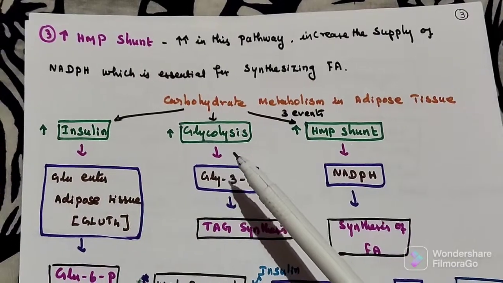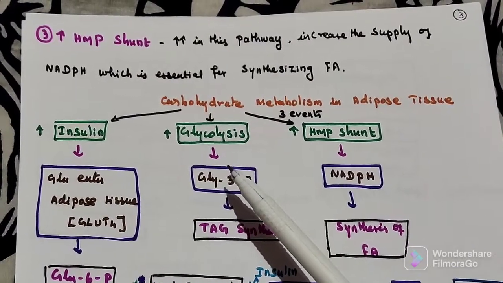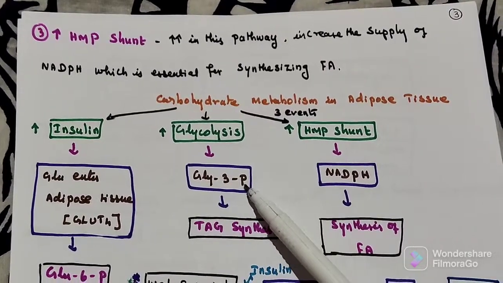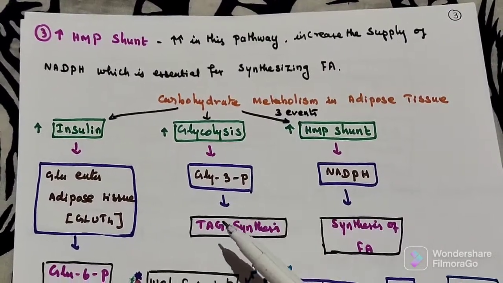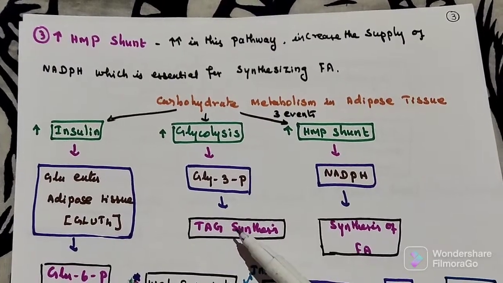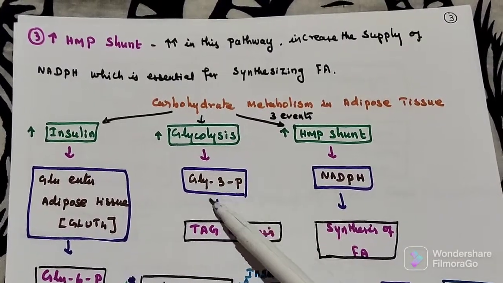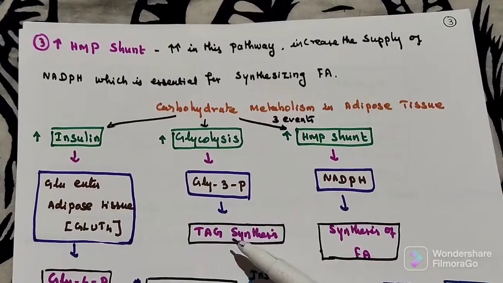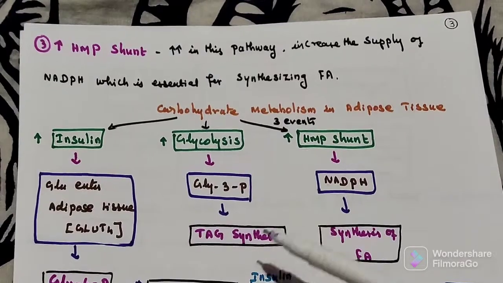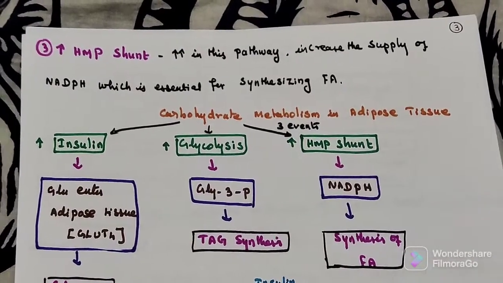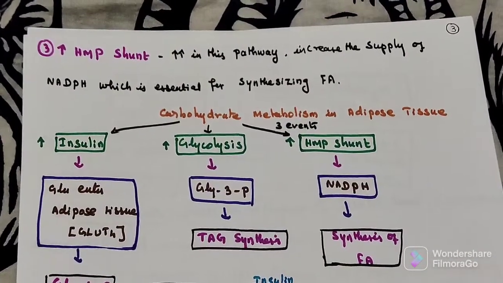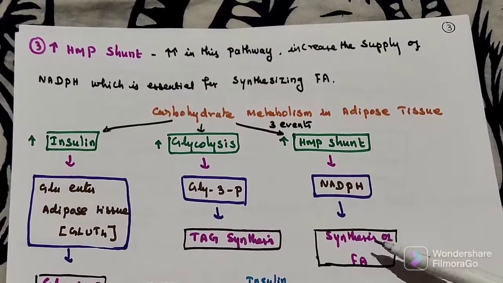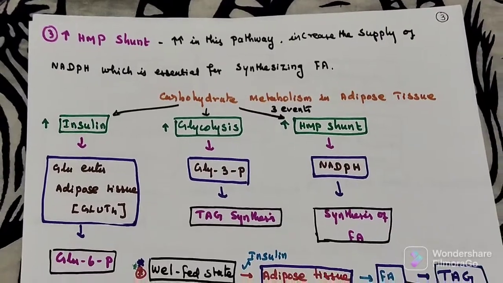In glycolysis, it will be converted into glycerol 3-phosphate, which is essential for triacylglycerol synthesis. Next is the HMP shunt. This increases the supply of NADPH, which is essential for synthesis of fatty acid.